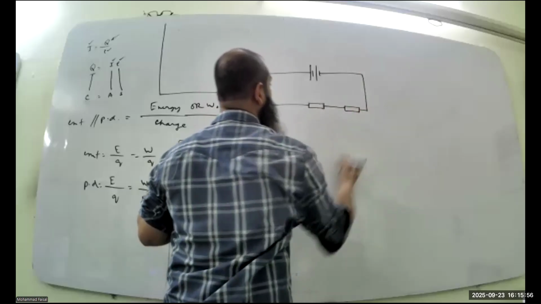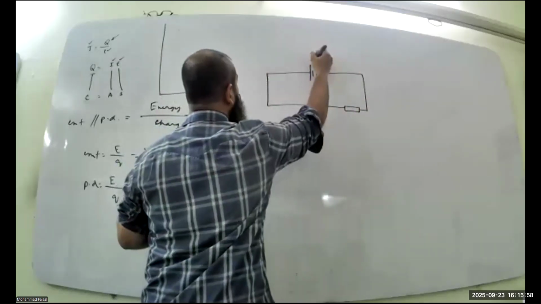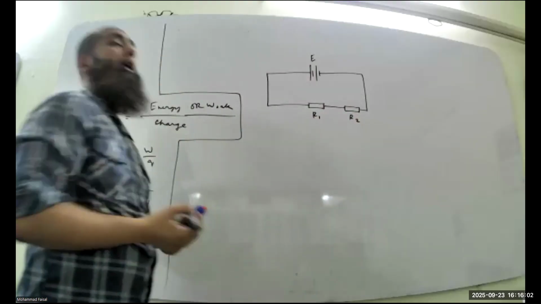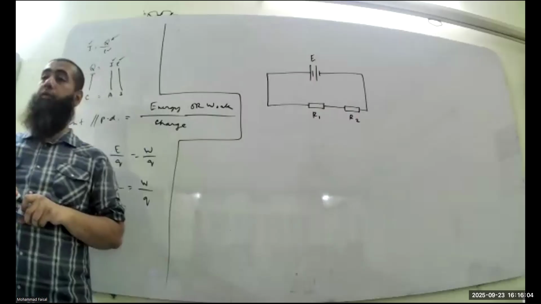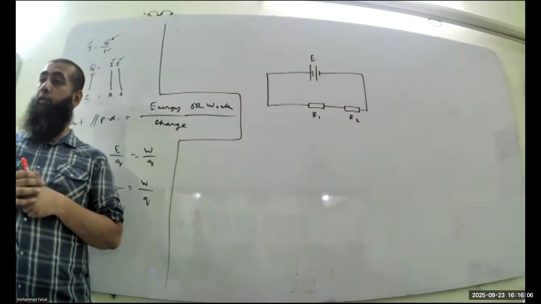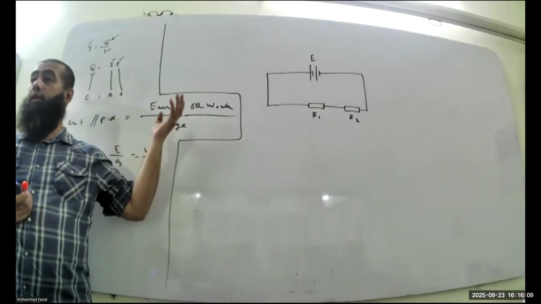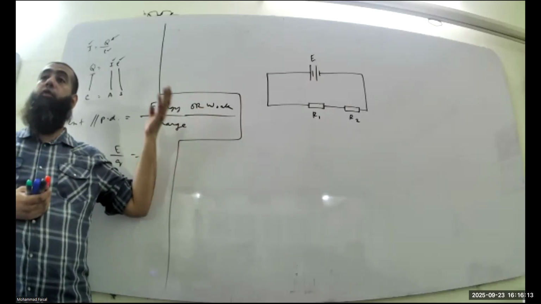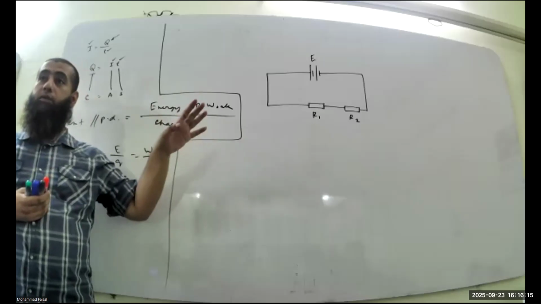We have a very simple series circuit over here. Let's say this is our EMF source E, this is our resistor R1, this is our resistor R2. EMF of a source is the amount of energy converted whenever one positive charge, or per unit positive charge, is moved from one end of the source to the other end of the source.